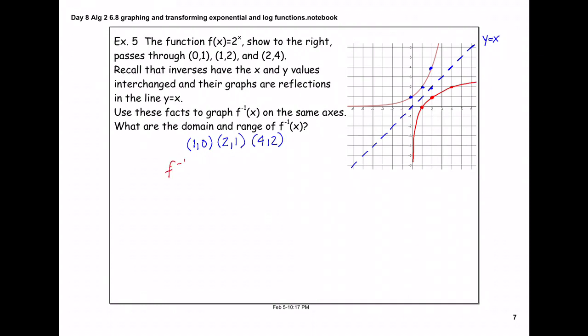So f inverse of x, our inverse function, is graphed in red. And then if we wanted to state the domain of our inverse, our x values are going from negative infinity to positive infinity, and our range is also going from negative infinity to positive infinity.